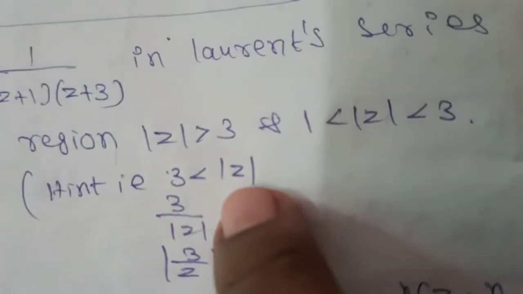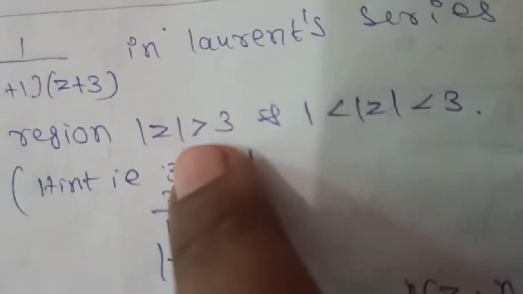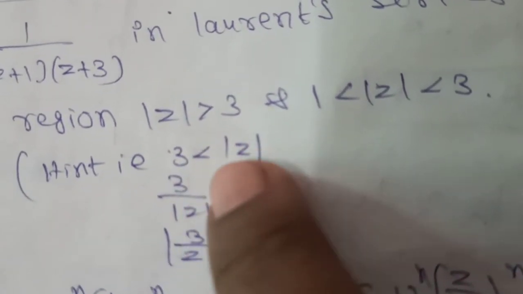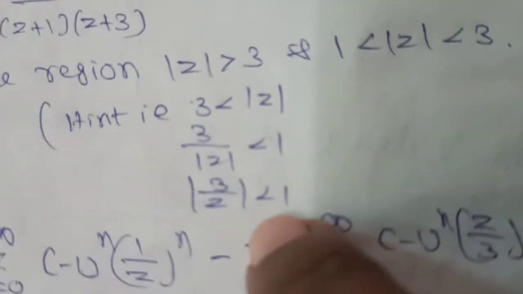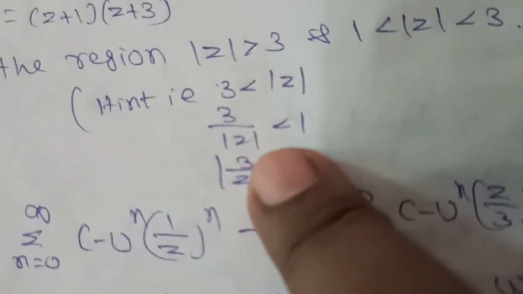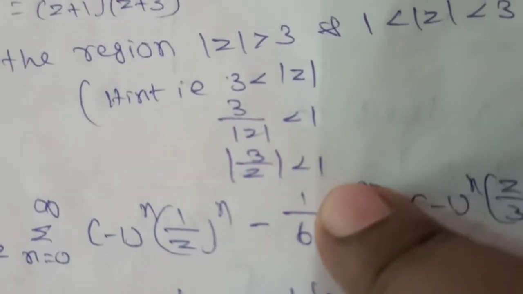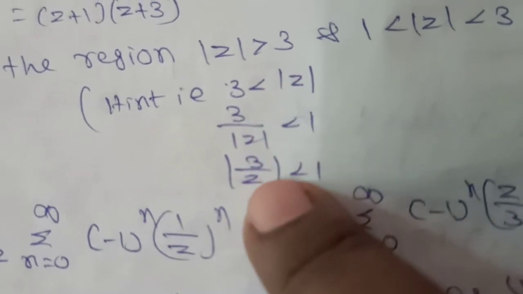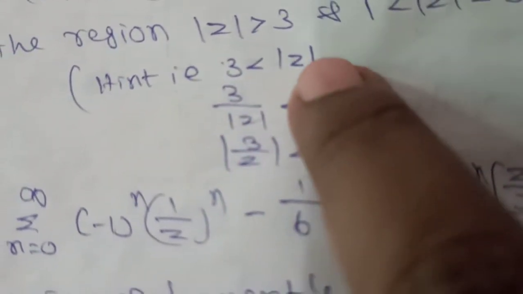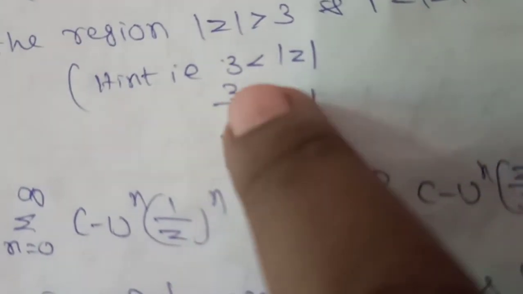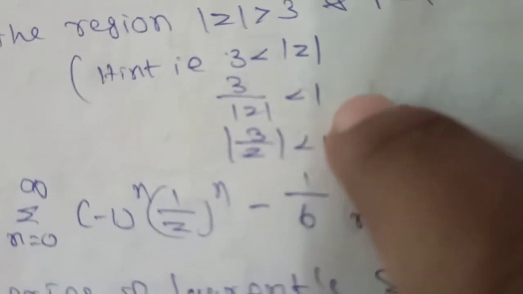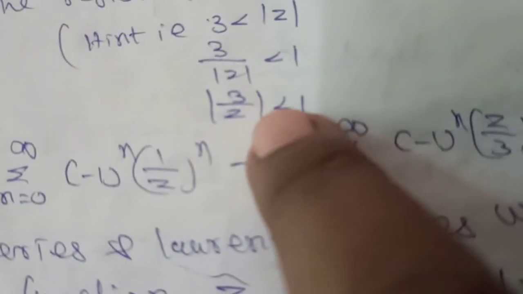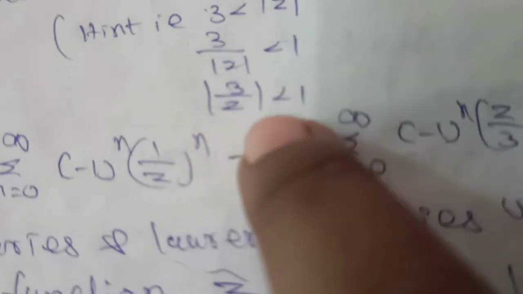The hint: modulus of z greater than 3 can be written as 3 less than modulus of z. But in your region condition it will become a less than 1 condition, so 3 divided by modulus of z is less than 1, which can be written as modulus of 3/z less than 1. I have given the answer.